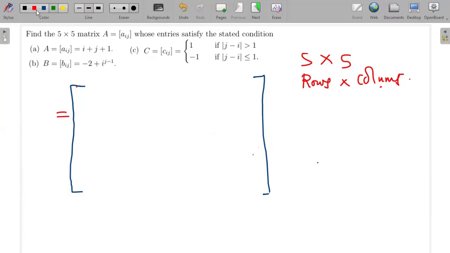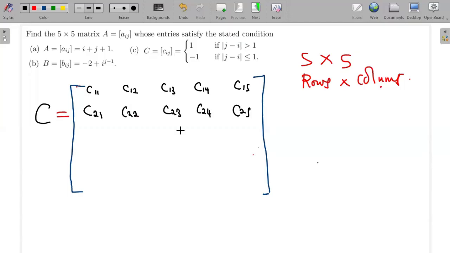So I want to construct the matrix C, which has Cij as its entries. So this will be C11, C12, C13, C14, and then C15. So that's the first row. The second row will be C21, C22, C23, C24, then C25.